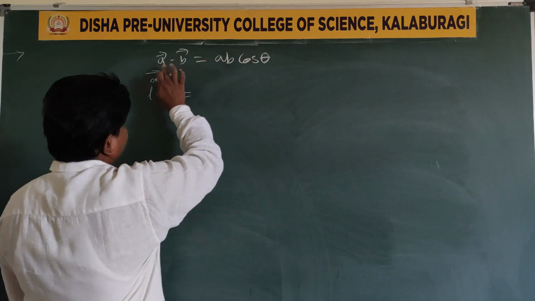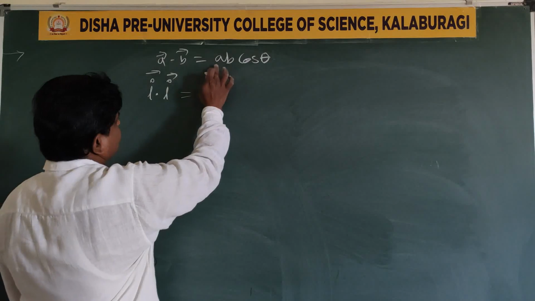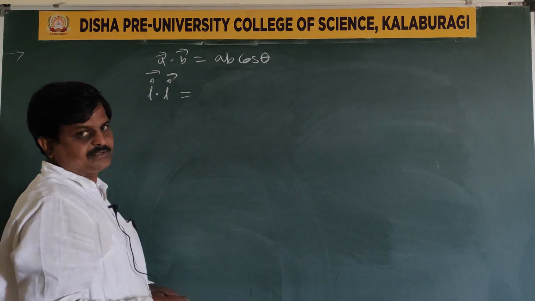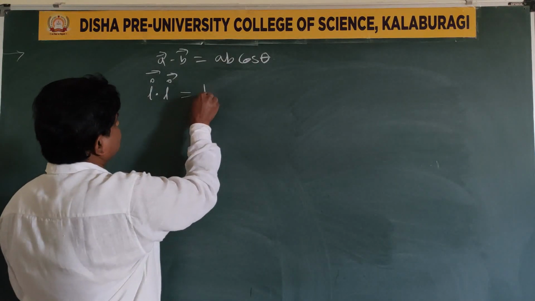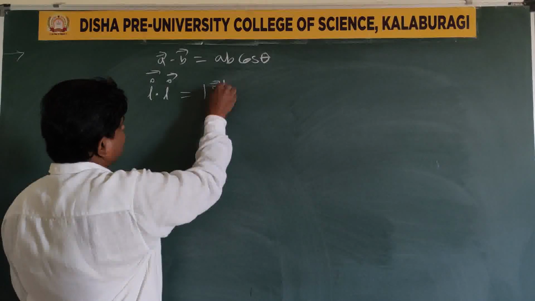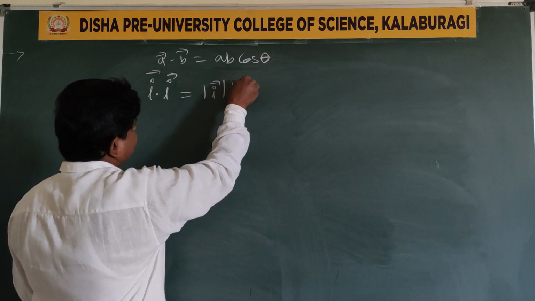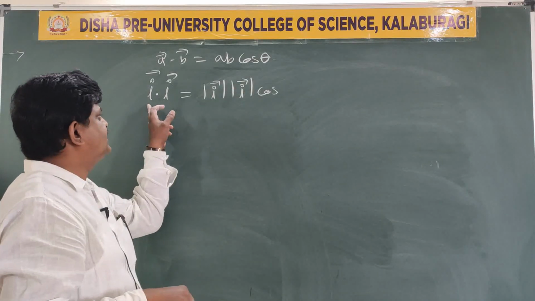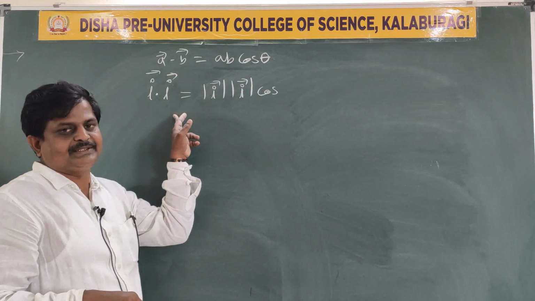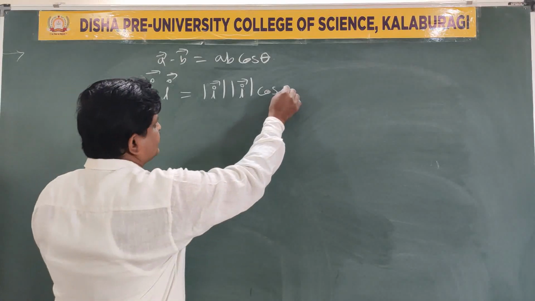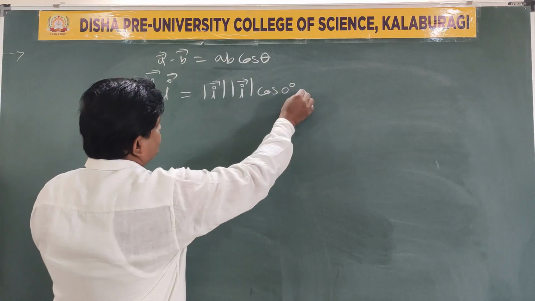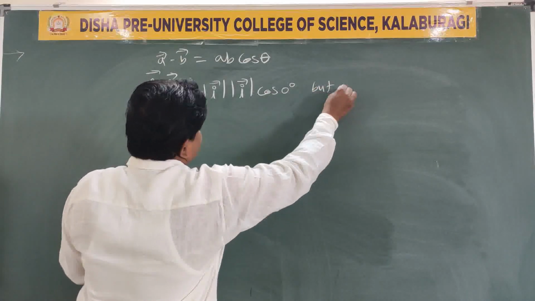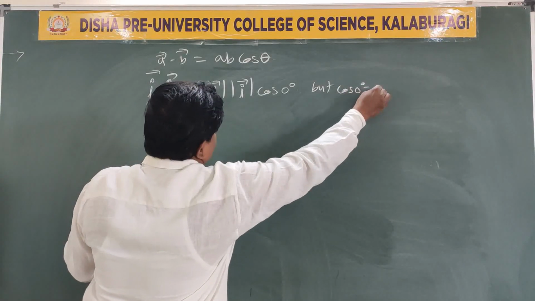Now onwards, whenever you are asked to find the dot product, you may use this. AB cos theta: magnitude of the first vector, magnitude of the second vector, angle between them. All of you know that these two are along the x-axis, which means the angle between them is what? 0 degree. But what is cos 0, please? Known to you, that is 1.